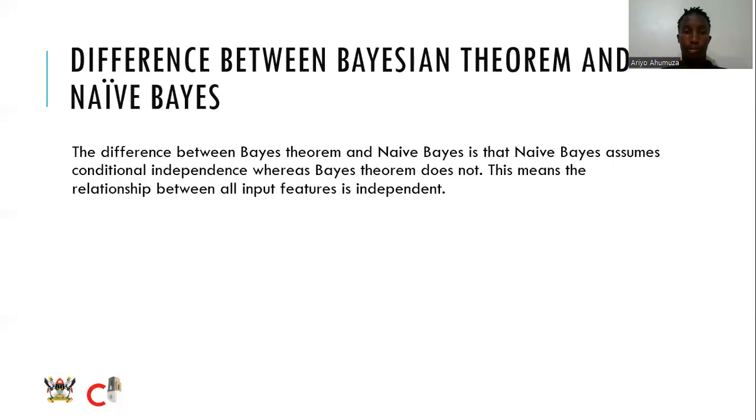Now, the difference between Bayes' theorem and naive Bayes is one simple thing. Naive Bayes assumes conditional independence, whereas Bayes' theorem does not. That means that the relationship between all input features is independent in naive Bayes.